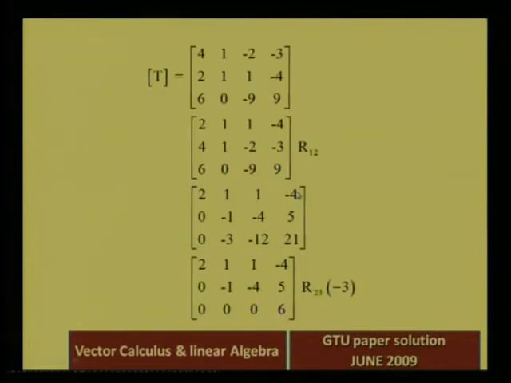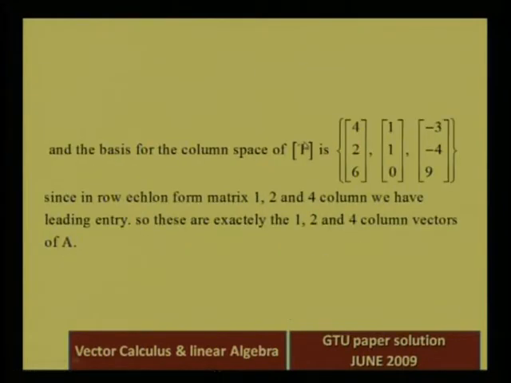Okay, range of T. And the basis for the column space of T: in which columns do we have a leading entry? In the first, second and fourth columns we have a leading entry. So the columns corresponding to the first, second and fourth columns in the given standard matrix T are our basis for the column space of T, that is (4, 2, 6), (1, 1, 0) and (-3, -4, 9).